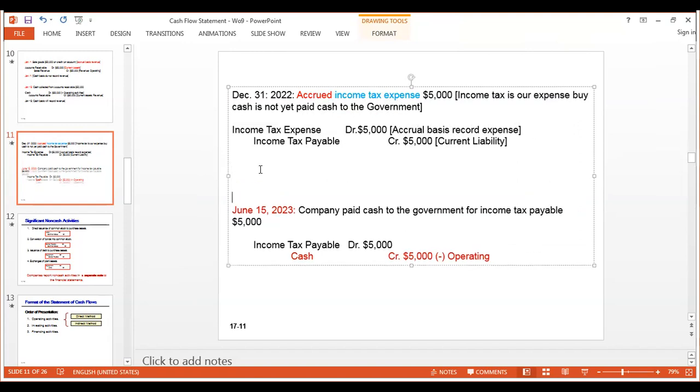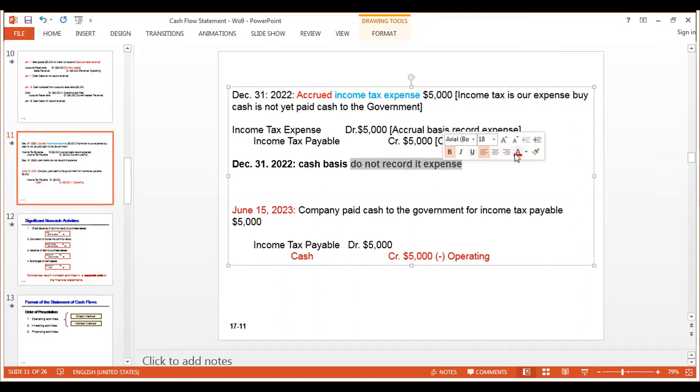But on that day, December 31st, 2022, cash basis does not record it as expense. Do you understand? At cash basis, December 31st is not expense. Do not record expense. Why? Because it is not related with cash.